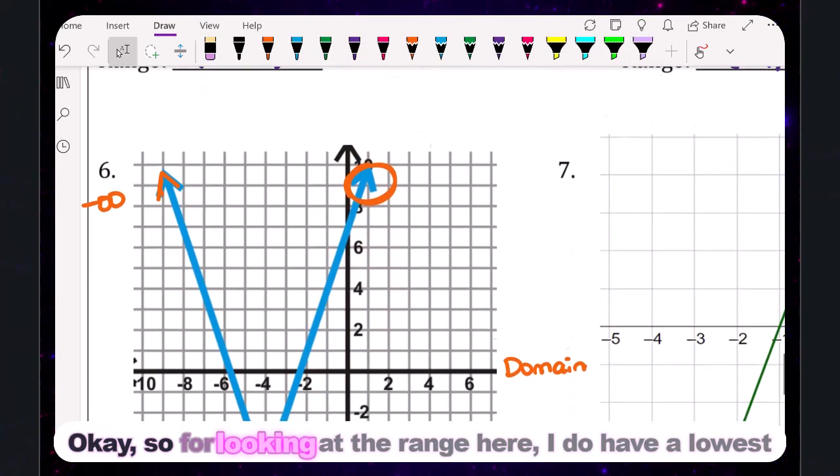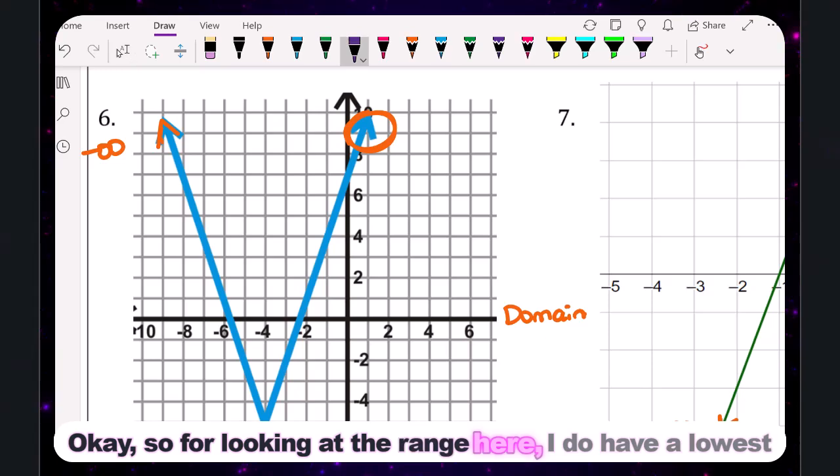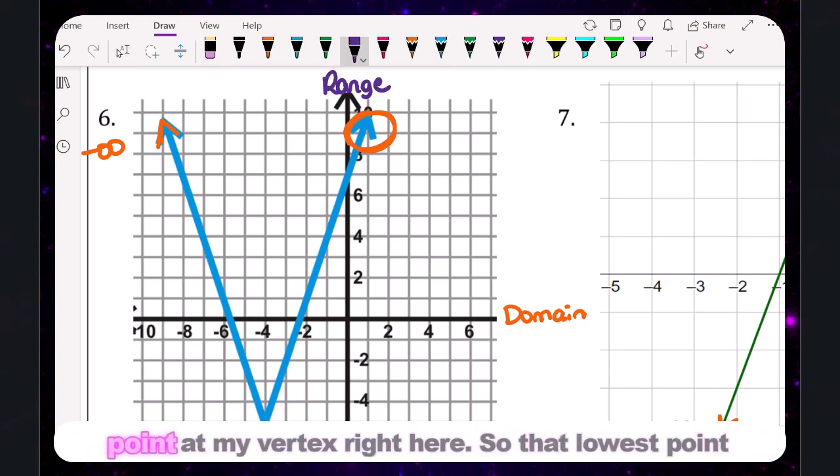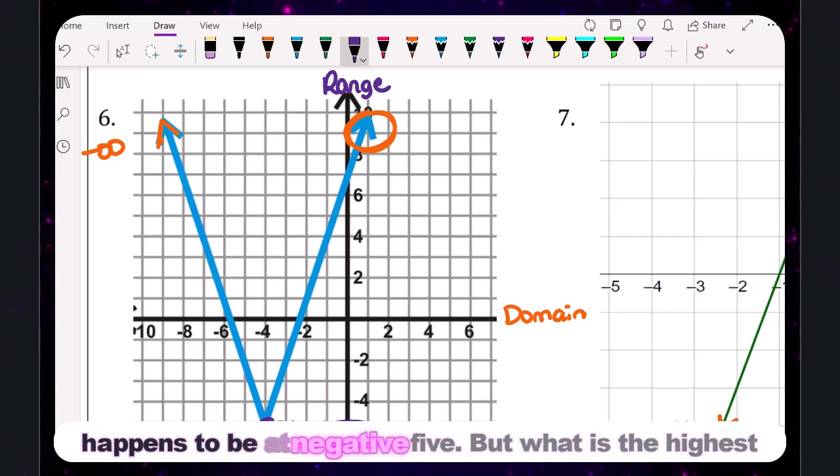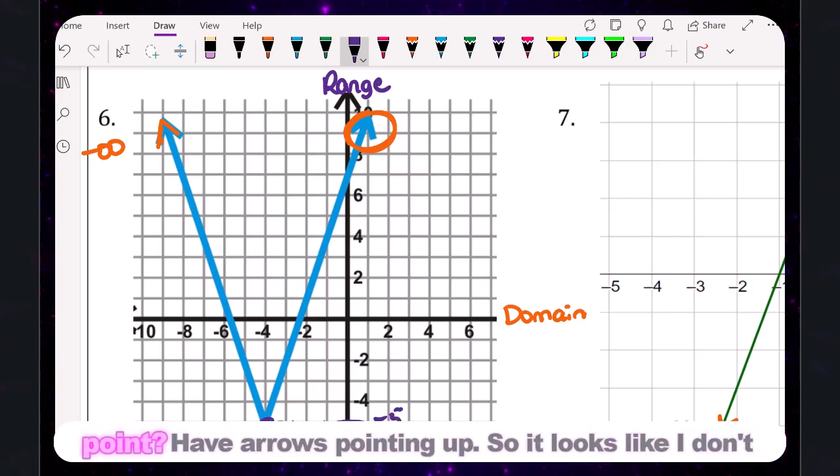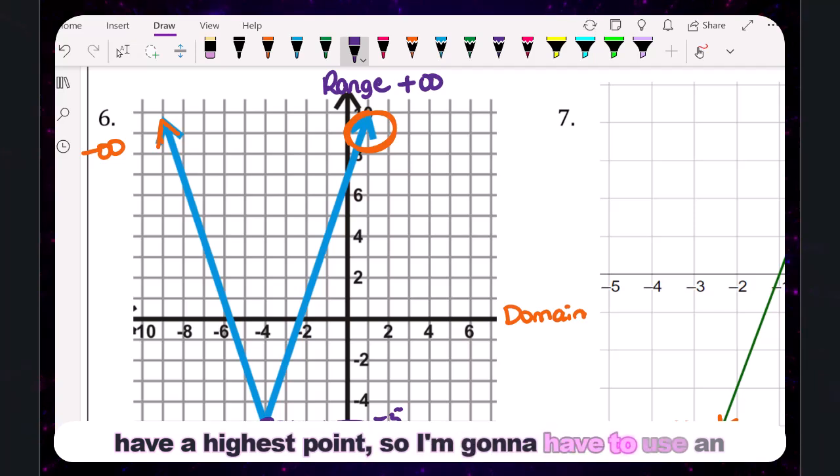Okay, so if we're looking at the range here, I do have a lowest point at my vertex right here. So that lowest point happens to be at negative 5. But what is the highest point? I have arrows pointing up. So it looks like I don't have a highest point, so I'm going to have to use an infinity.